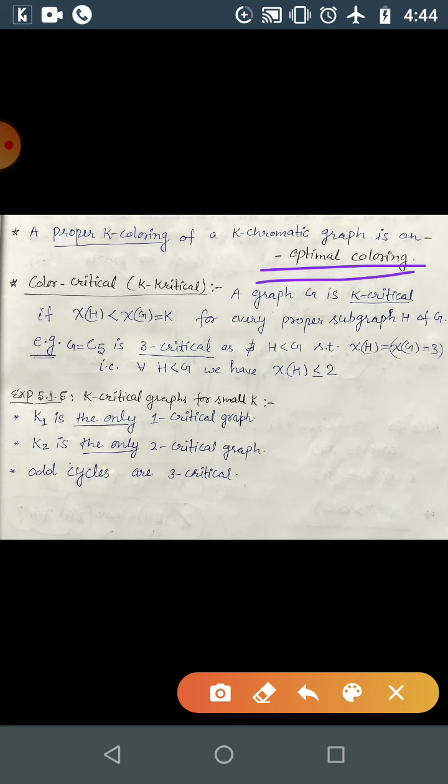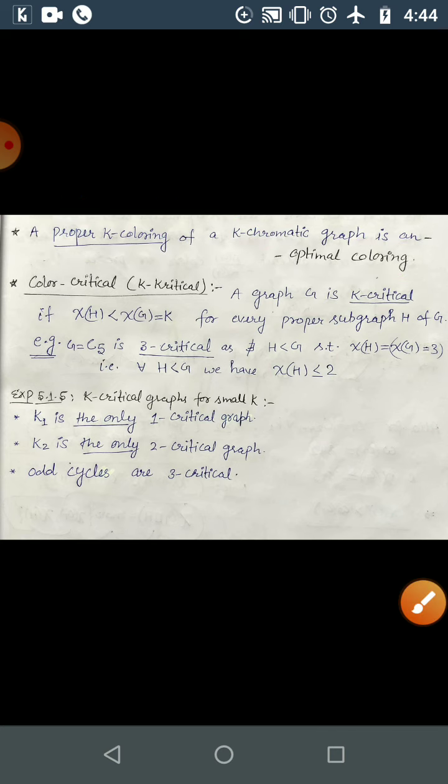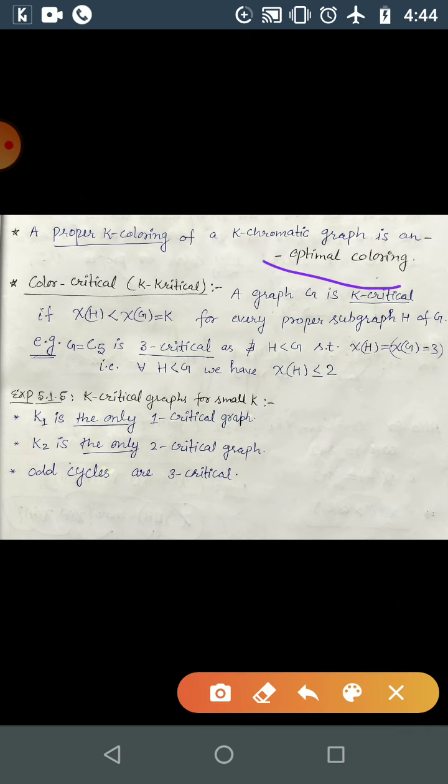K chromatic means the minimum case is that G is k colorable. So for a k chromatic graph, the proper k coloring, using the minimum k colors, is the optimal coloring. Optimal coloring means minimization. You want to minimize the resources, correct?